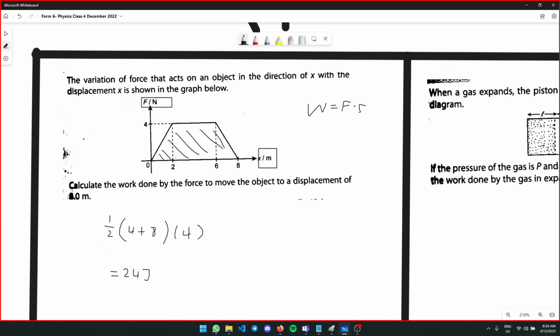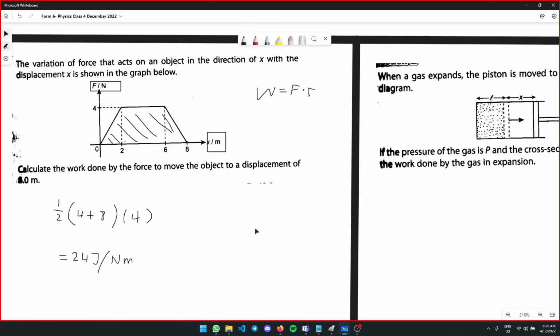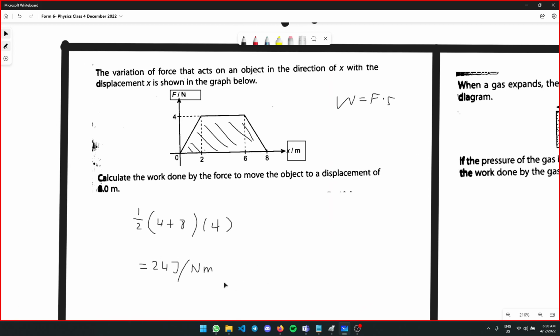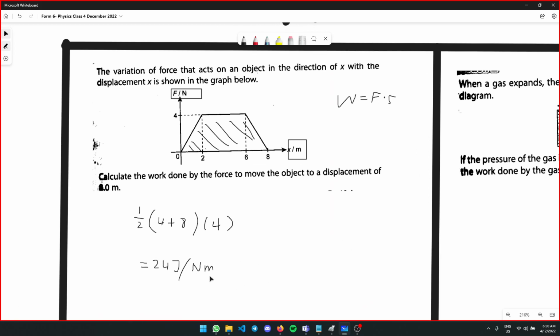That's all. Newton meter, you can give joules or Newton meter. Both are exchangeable. Sometimes the question will be a bit more complex. Maybe the energy has to change, or you have to input the energy somewhere else. For those parts, keep it in Newton meters, because they might only want you to divide back.